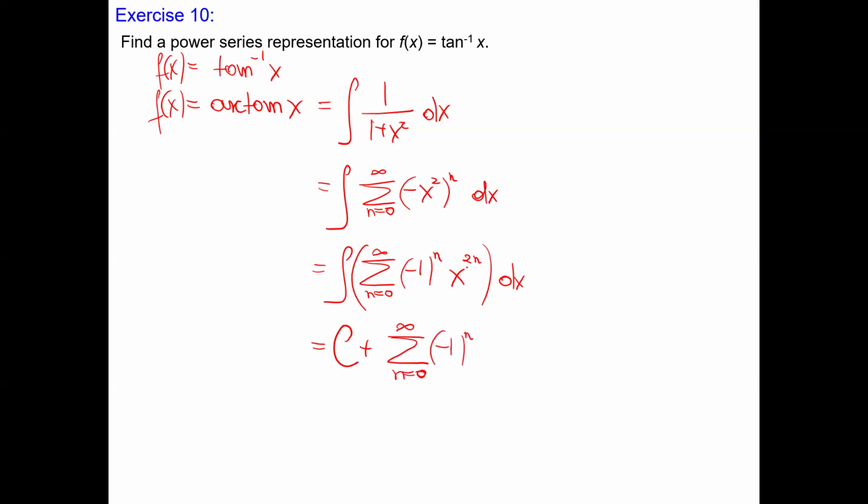I copy the constant, and we are just integrating x to the power of 2n, which gives x to the power of 2n plus 1 over 2n plus 1. That's really nice. And when x equals 0, the center, the constant is 0, because arctangent of 0 is 0. Constant is 0. And you may probably see this formula sometimes.